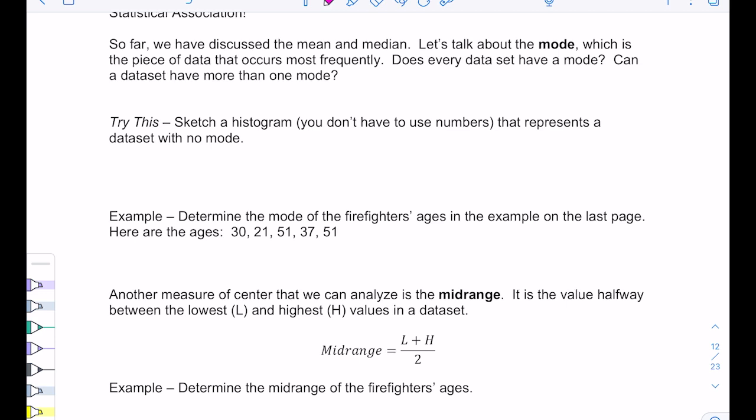Can a data set have more than one mode? The answer to that is yes. Sometimes in statistics, we'll look at things that have 2 modes, and we refer to that as bimodal. One mode is referred to as unimodal, the prefix uni meaning one mode.